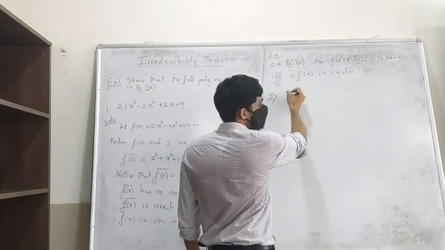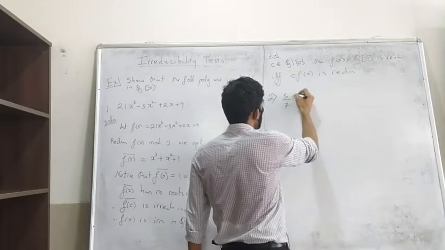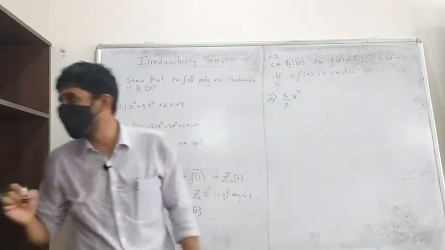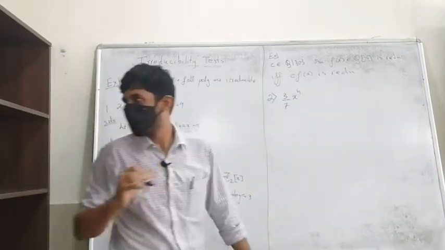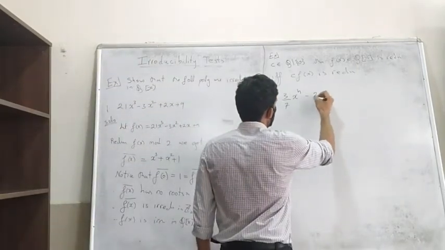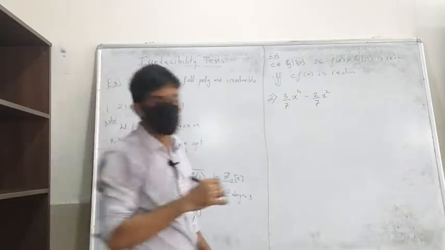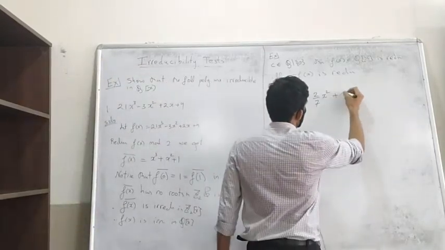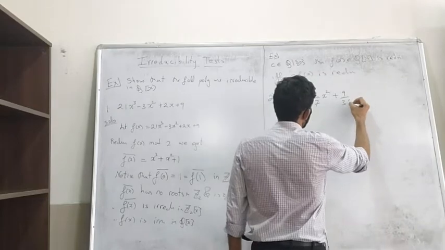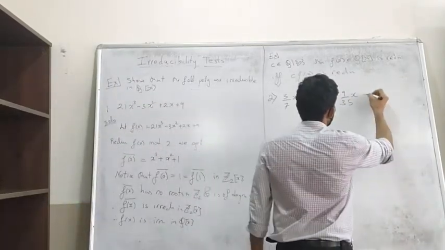So what about the reducibility and irreducibility of this polynomial, 3 by 7 x raised to 4 minus 2 by 7 x squared plus 9 by 35 x plus 3 by 5?